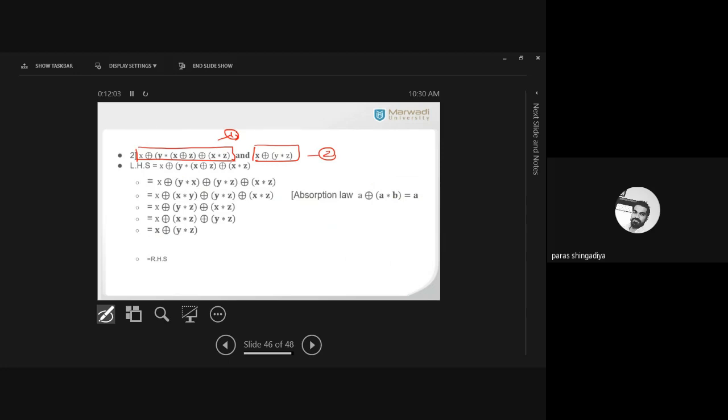So you can start with either side. Start with the LHS or the RHS and you can prove it. So here we start with the LHS. LHS is given as x ring sum bracket y star bracket x ring sum z bracket over ring sum x star z.